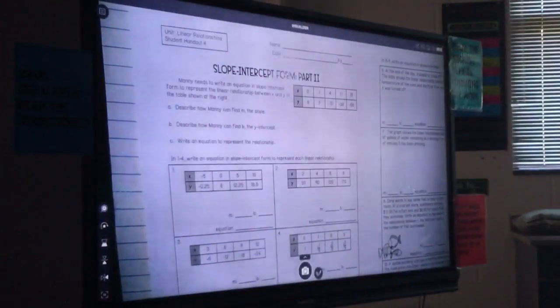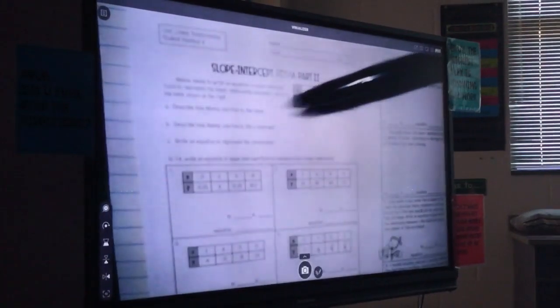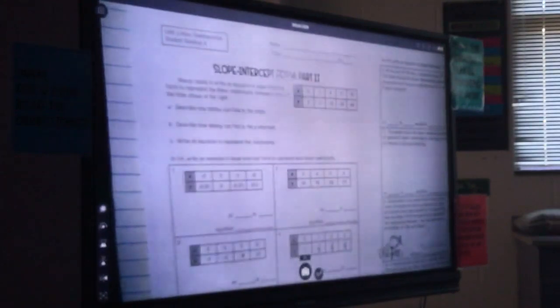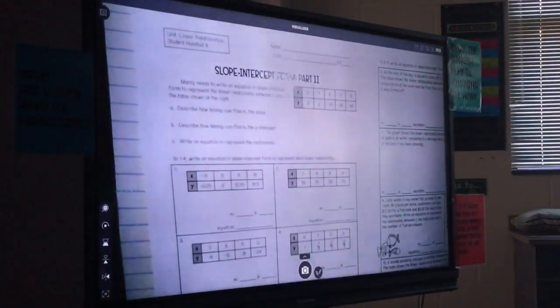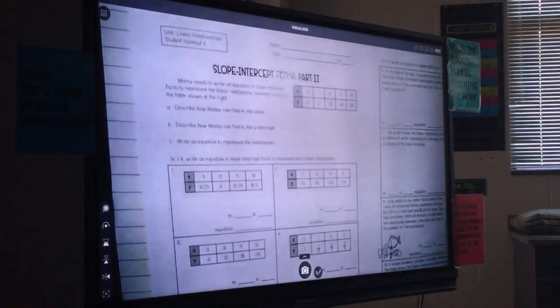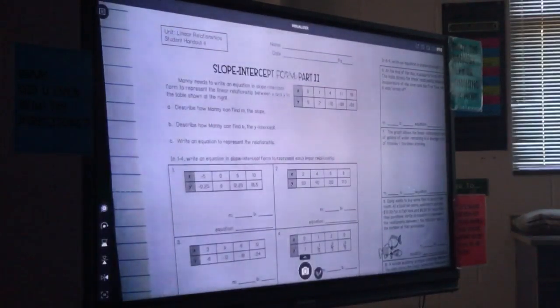All right, so let's start with A. It says describe how you can find m, the slope. What did you say with that one? I saw a couple of right answers. Negative 4 is not what the slope is, but how can we find it? I think the y2 minus y1.